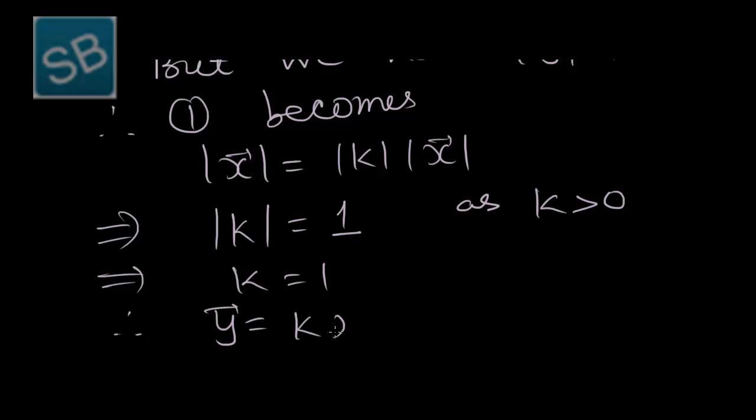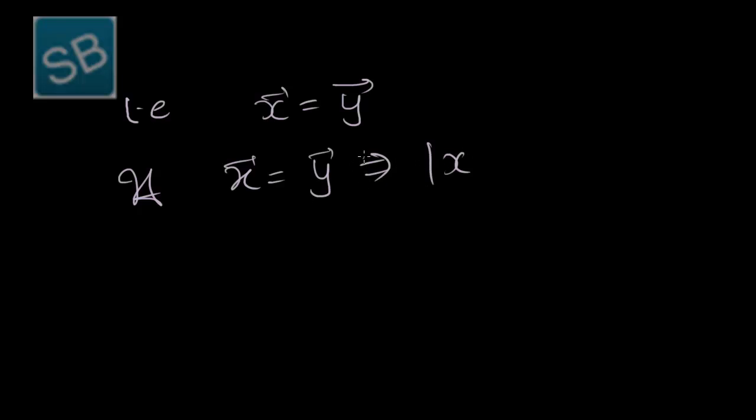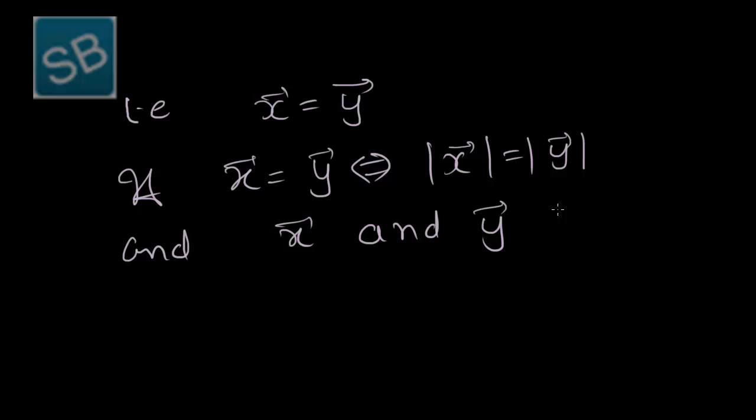Therefore, vector y is equal to k times vector x gives vector y is equal to vector x. That is, as vector y and x have the same direction, vector x is equal to vector y. So, the theorem is proved, that is, vector x is equal to vector y if and only if the magnitude of vector x and magnitude of vector y are equal and vector x and vector y have the same direction.